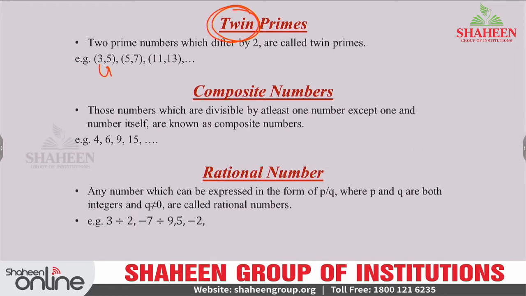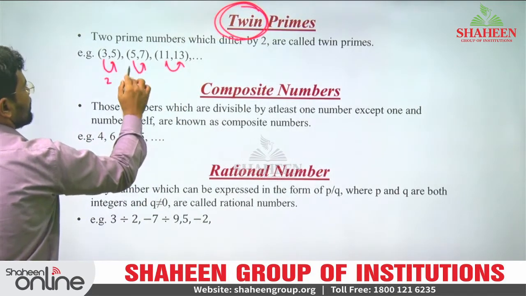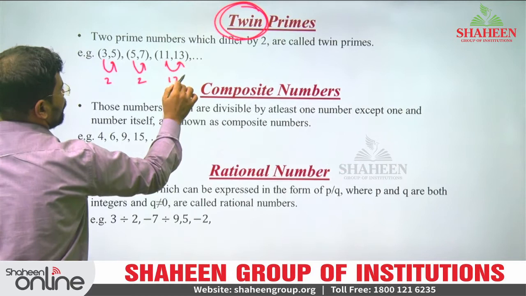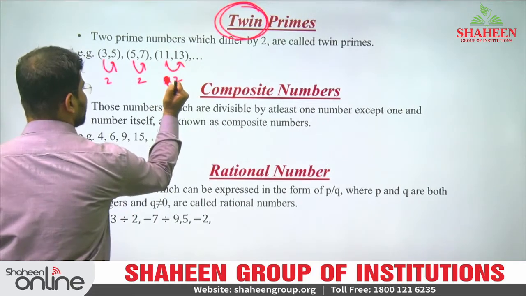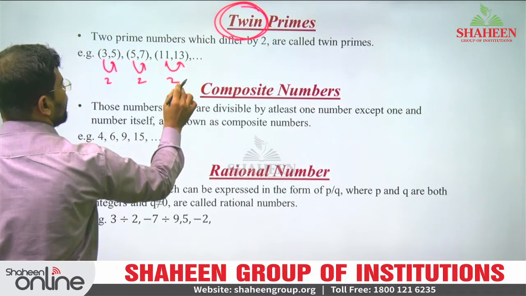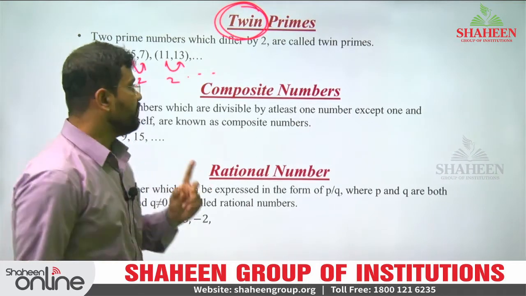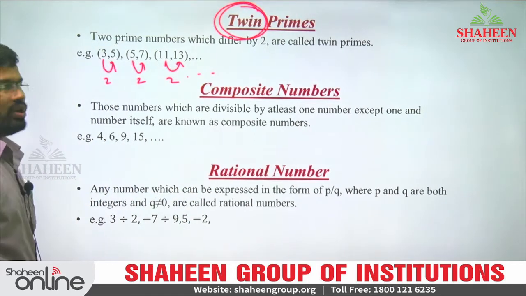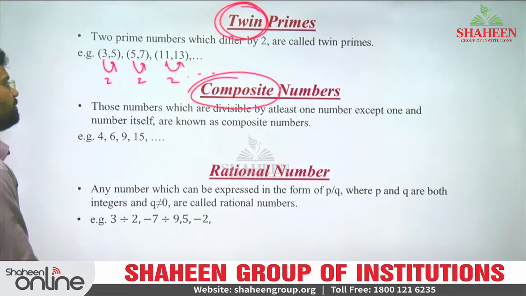Here the difference between two prime numbers is 2. 5 minus 3, 2. 7 minus 5, 2. 13 minus 11, 2, and so on. The difference between two prime numbers, if it is 2, then it is called twin prime numbers.